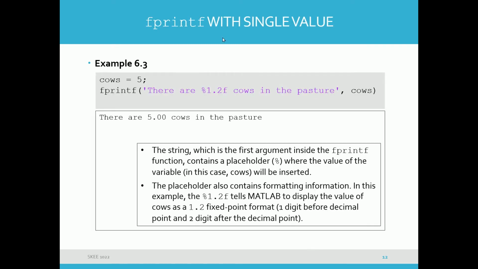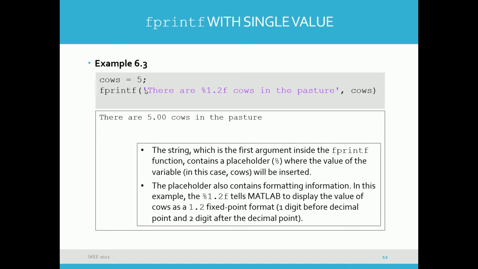Okay, let's have a look at example 6.3. You can see here cow is equal to 5, which is some kind of input. And you print this: there is a %1.2f cow in the pasture. So what does %1.2f cow mean? The first thing you need to know: you have to write the message, any message you want.